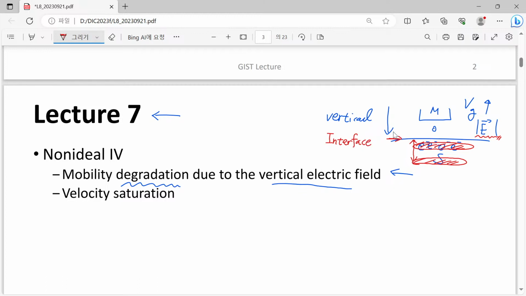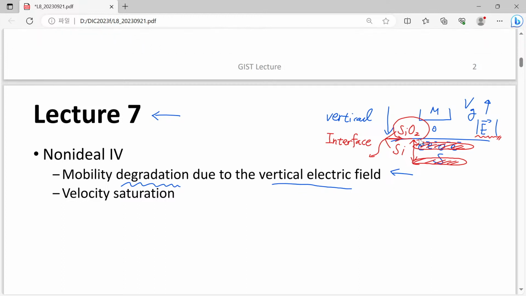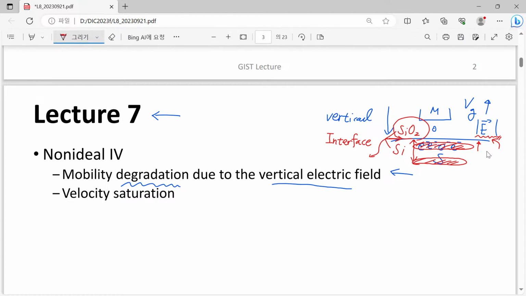This is the interface between silicon and oxide, or silicon dioxide and silicon, and since the two materials are different, and silicon dioxide is an amorphous material, this interface is usually not perfect. So if electrons get close to this interface, they are more frequently affected by this relatively unsmooth, somewhat dirty interface. So the mobility is degraded.